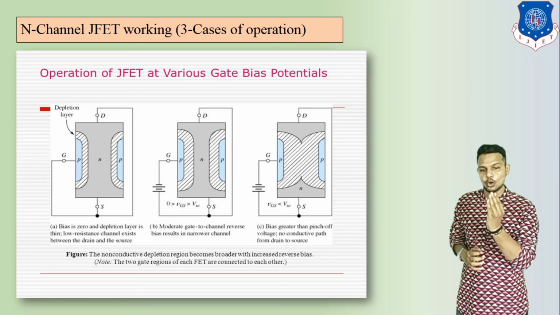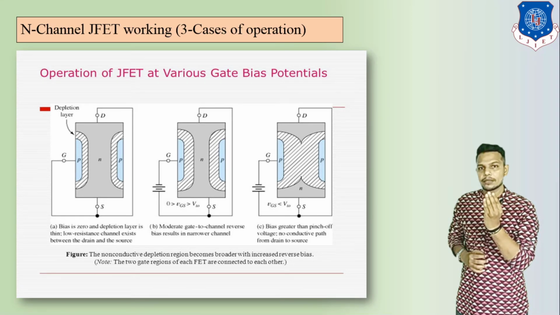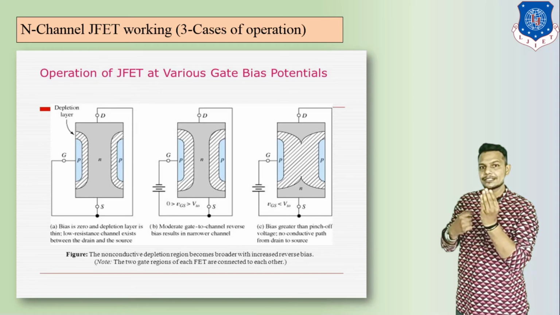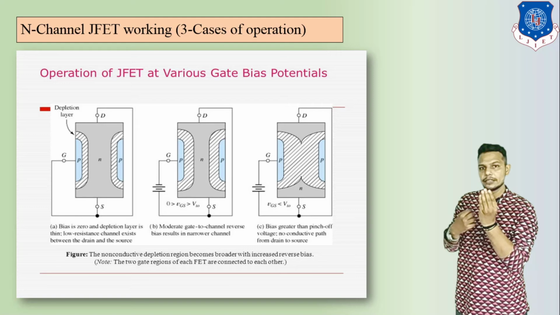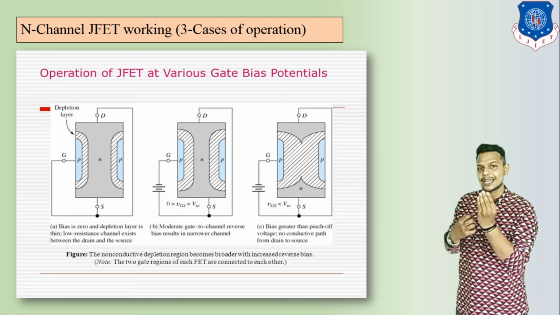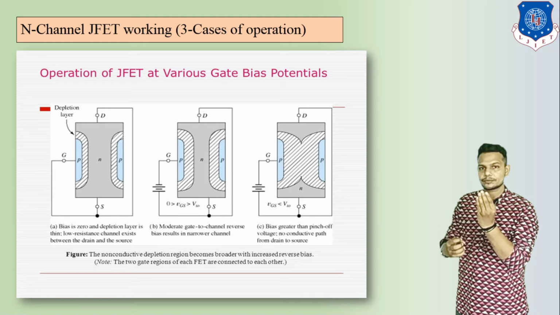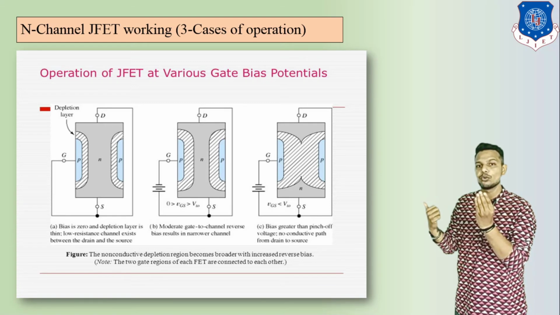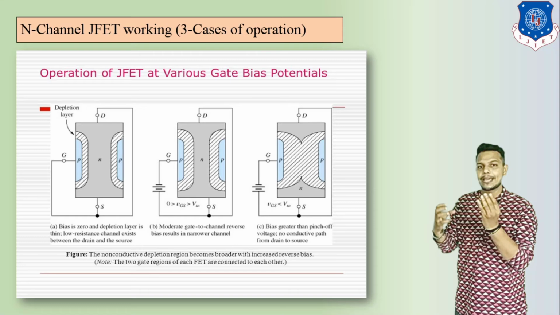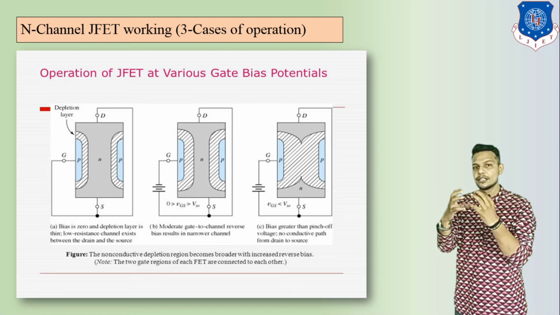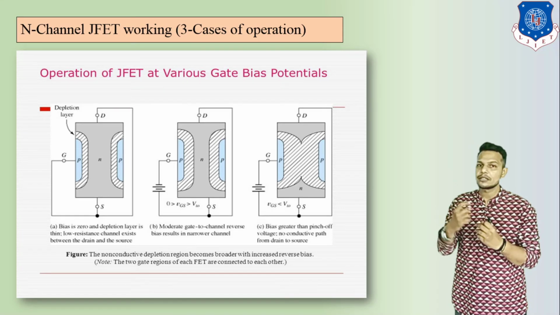If you close this dam's gate, this is case number 2. Initially we start closing this gate, and at this time the flow of water is reduced. Similarly here in case number 2 we have seen that if your depletion region width is increased, the flow of ID becomes reduced.